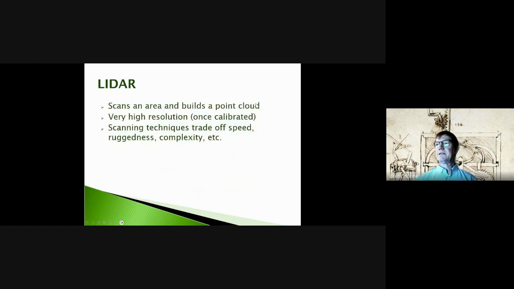All right, it scans an area and builds up what we call a point cloud. When you do these lasers, we approximate them as point sources, and when it comes back, we're keeping track of where that laser was pointing at that instant.